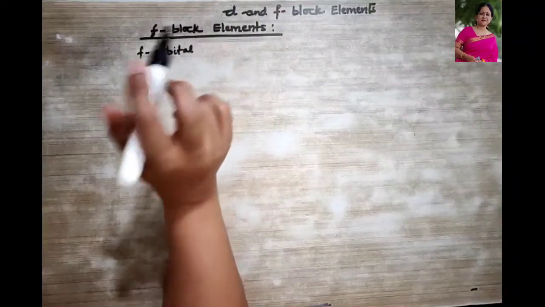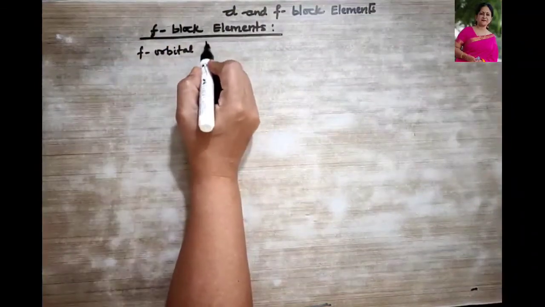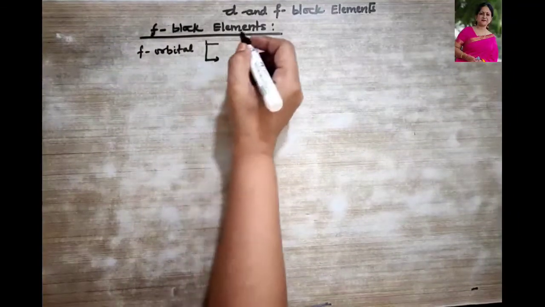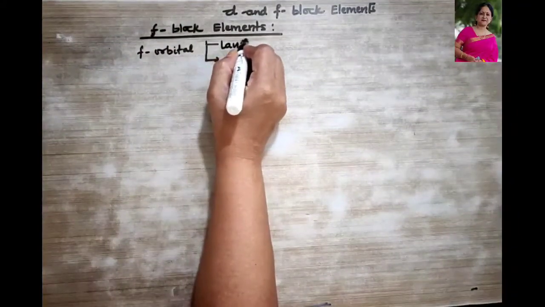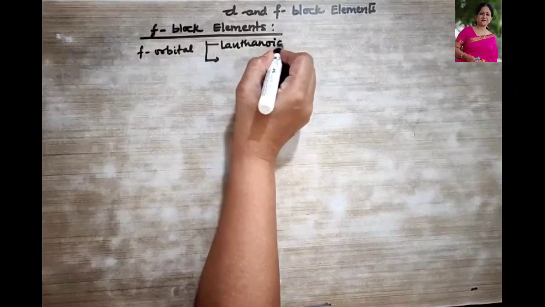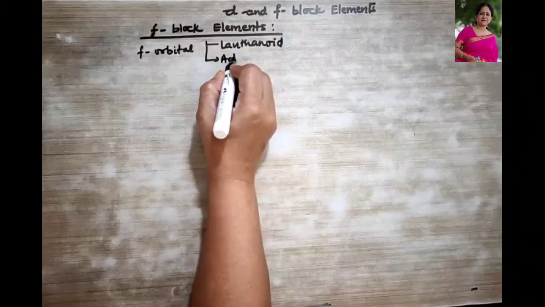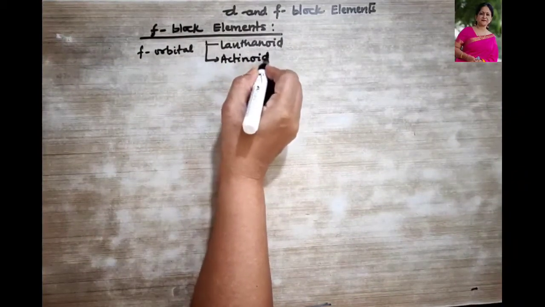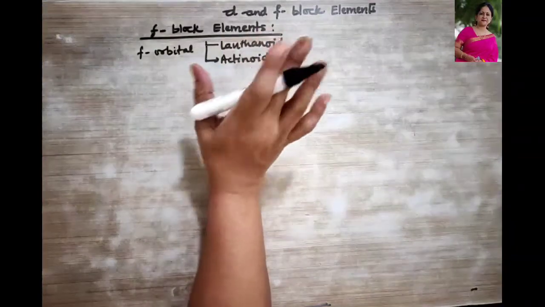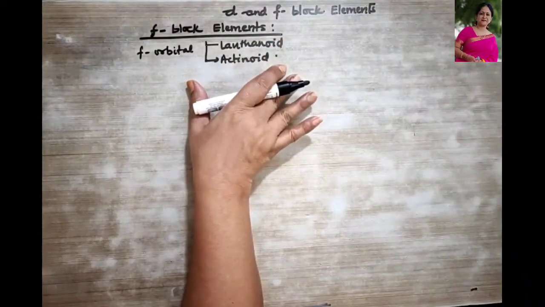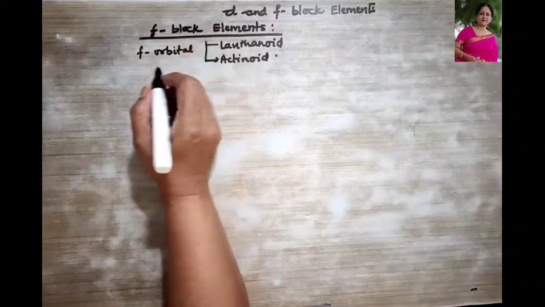They consist of two series. What are those two series we are talking about over here? One is your lanthanoid series and the other one is your actinoid series, right? And the general electronic configuration for your F block element is what?